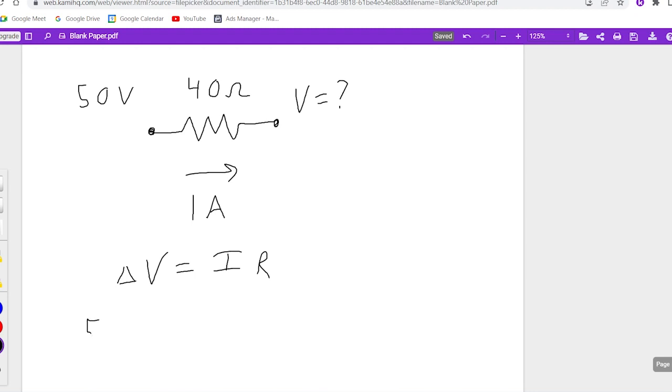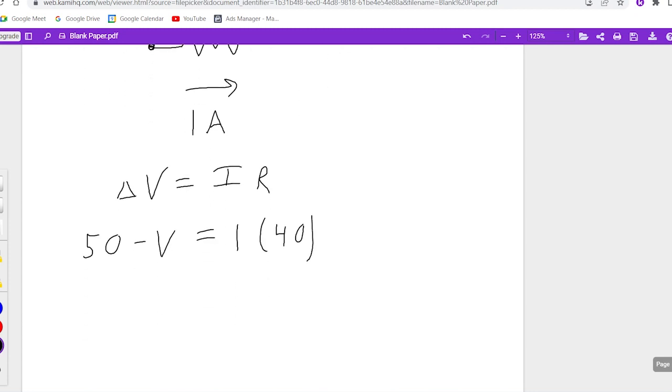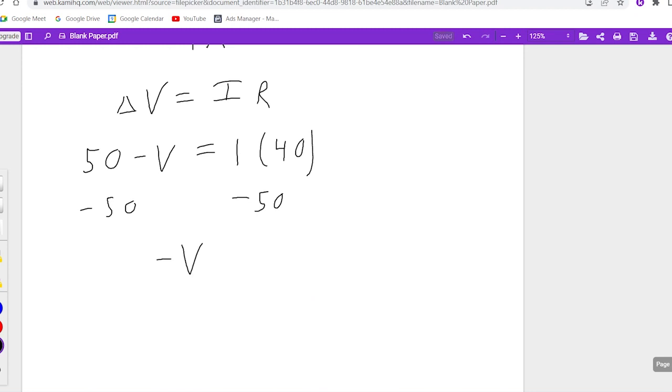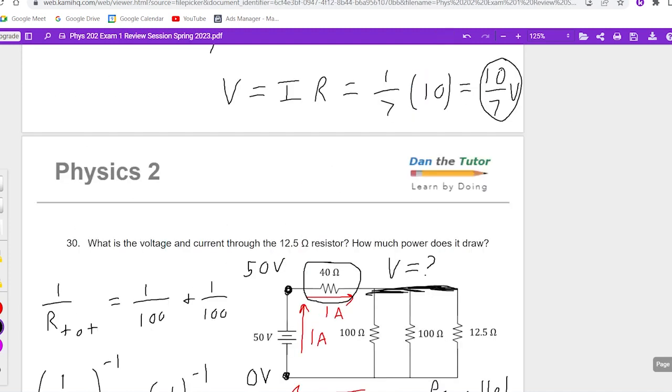So the change is 50 minus V, where I'm solving for V. The current is 1 amp. The resistance is 40. Solving for V here, I can subtract 50 from both sides. So that means negative V equals 40 minus 50, so negative 10. The voltage is 10 volts. That voltage right here is 10 volts.